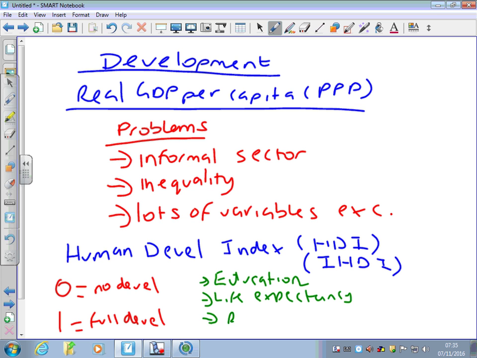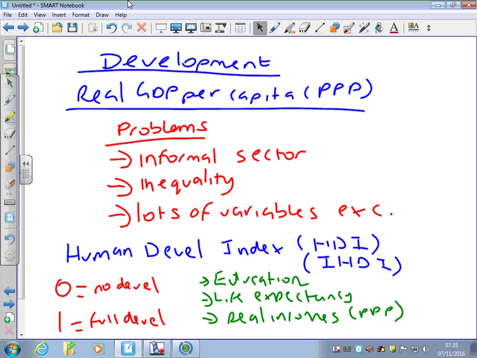And what we also do is factor in incomes. Again, it's PPP. Now this is seen as a much more favourable way of measuring development because it factors in so much more. The most developed nation on the planet at the moment, I think, is Norway, with a score of about 0.94. The UK is in the top 20, a highly developed economy.